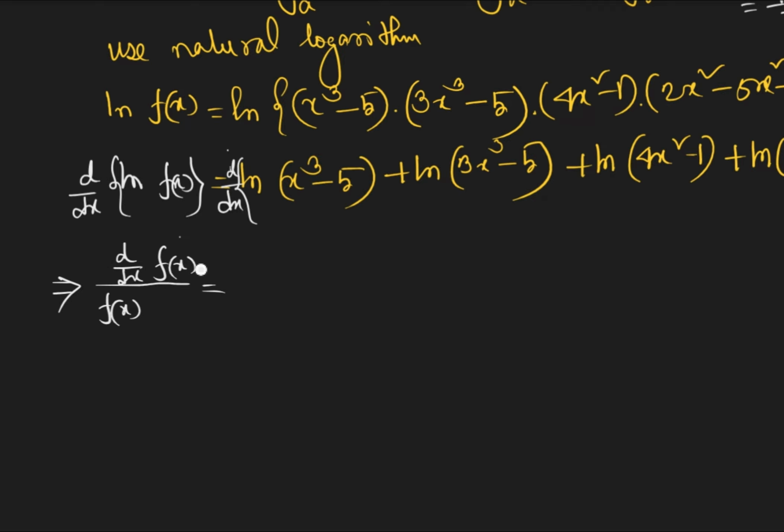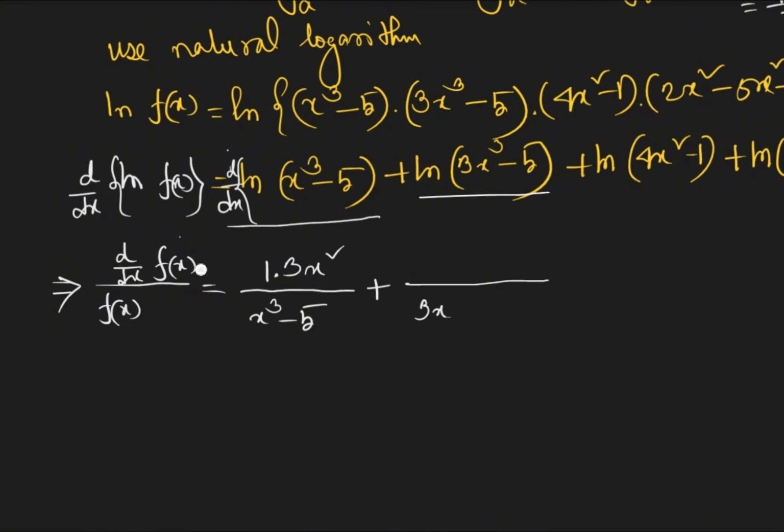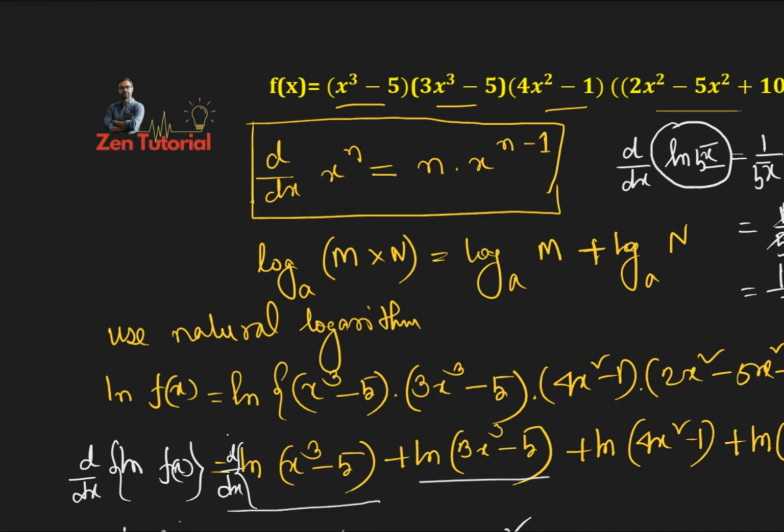And here if we differentiate this part, it is 1 by x cube minus 5, and the derivative of this part becomes 3x square. Then this part becomes 1 by 3x cube minus 5 times 3.3x square. The very first formula is the one we are using.